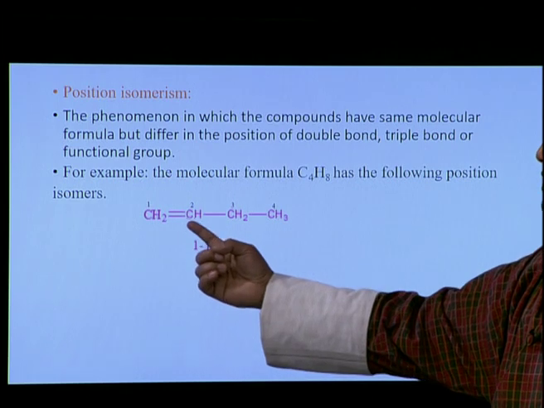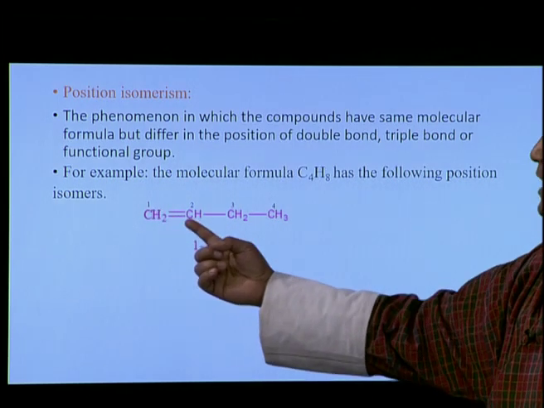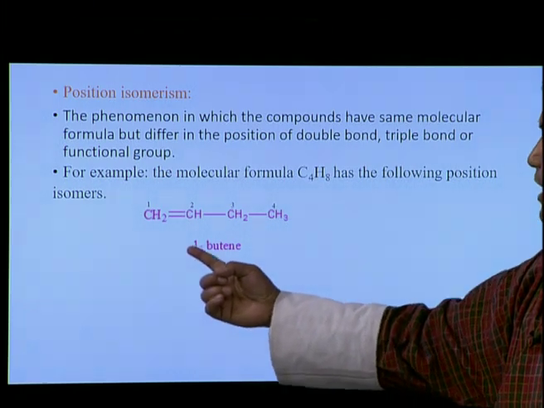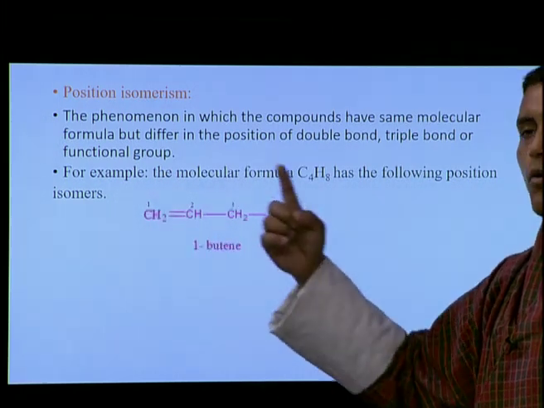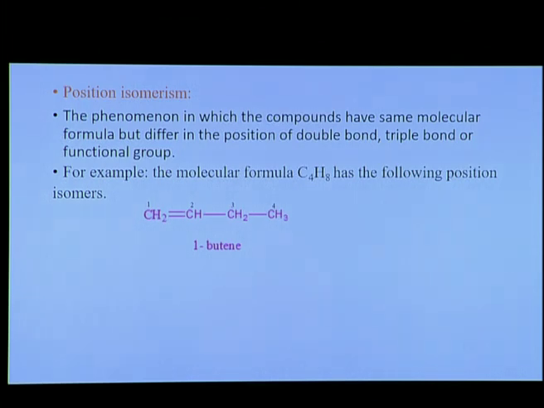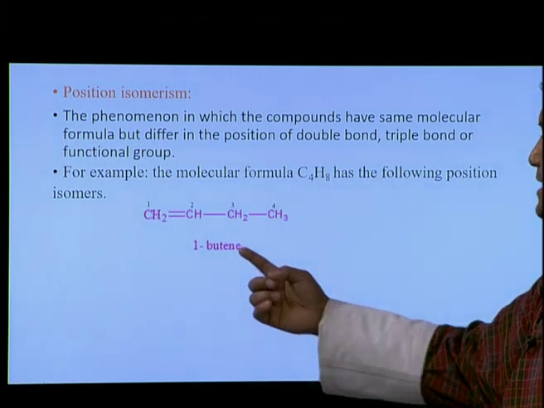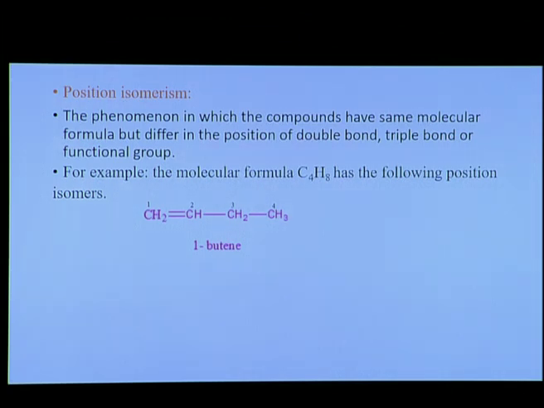Numbering carbons 1, 2, 3, 4, we have a double bond at carbon number 1. So, this becomes 1-butene. Butene, there are 4 carbons, and the double bond is at carbon number 1. Therefore, it is 1-butene. The next compound from the molecular formula C4H8 is 2-butene.